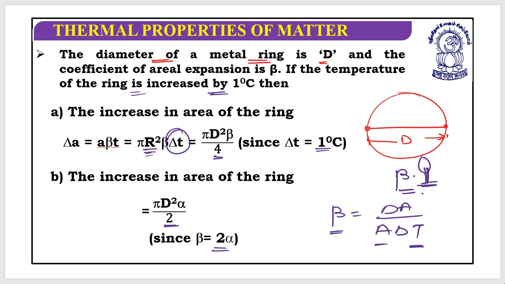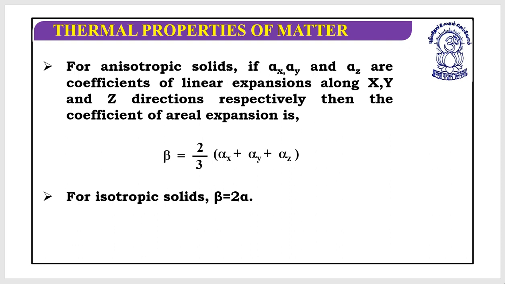Is it clear? Now we have two different kinds of bodies. One of them could be said as the anisotropic solids, and the other are the isotropic solids. When I say isotropic solids, that means their x, y, z are equal in dimensions. But for anisotropic solids, it is quite possible that their x, y, z are different according to the dimensions.